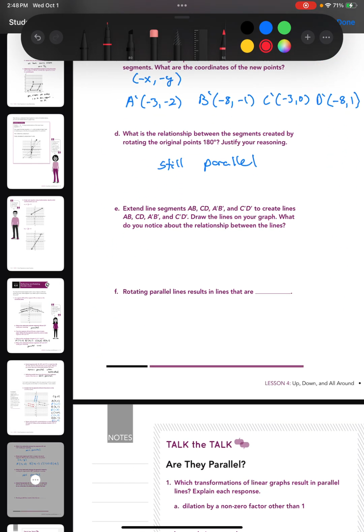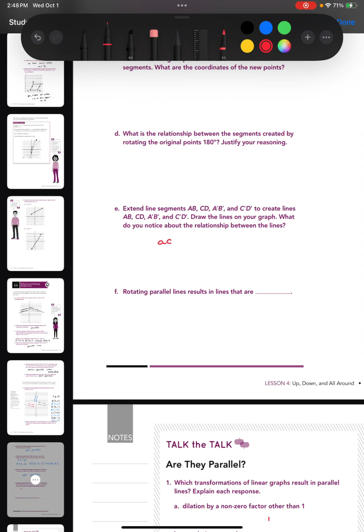Okay, again, if we extend any of those line segments we created, what are we going to notice about them? Well, each pair of line segments is still parallel. Let's see if I can get that back. If you did miss that, just rewind it so you can fill that in. Accidentally erased.